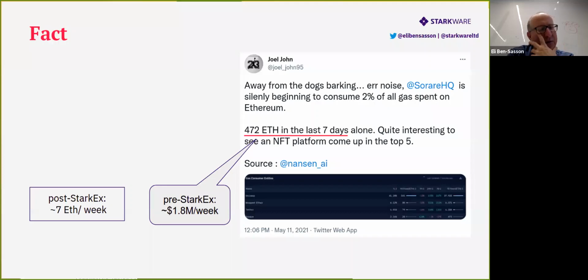And with us, they're spending roughly 7 Ether per day. So they reduced the amount of spending while increasing their volume by a very considerable factor. And this is just one example. It is across all of our customers. This is what they see.